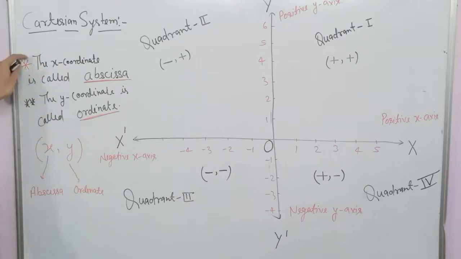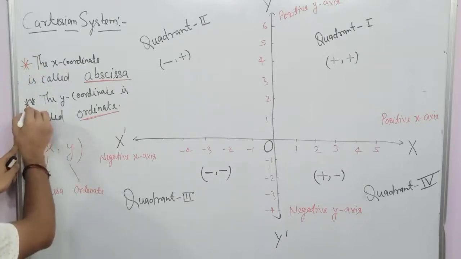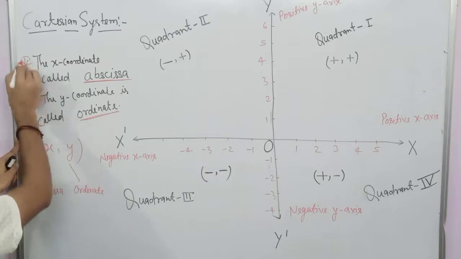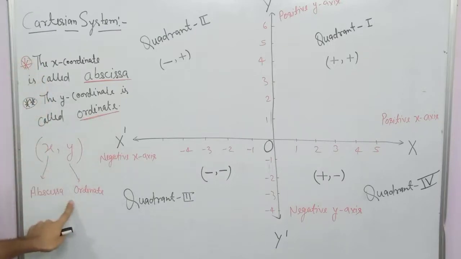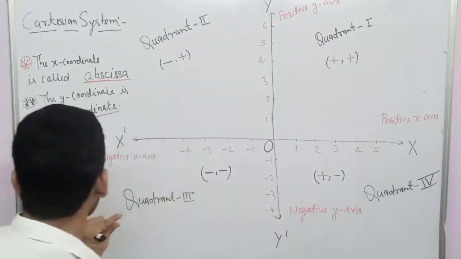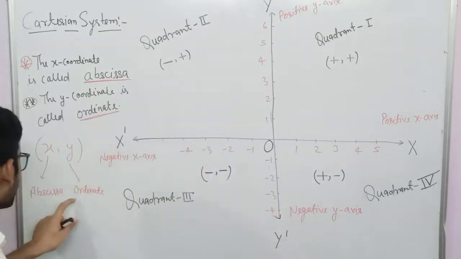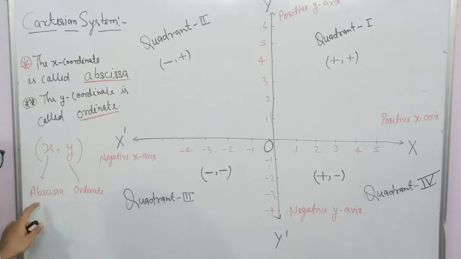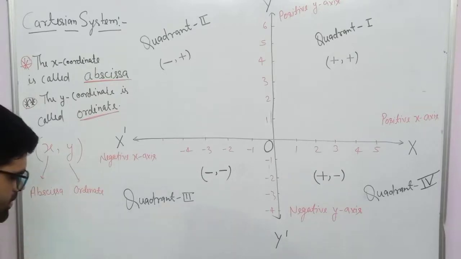If you want to write star, double star, or like that, if you write this way the figure is clear in your mind, and you can also tell the names of x and y, that is abscissa and ordinate.